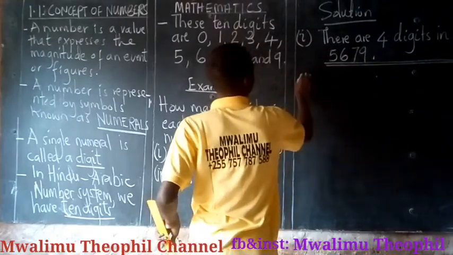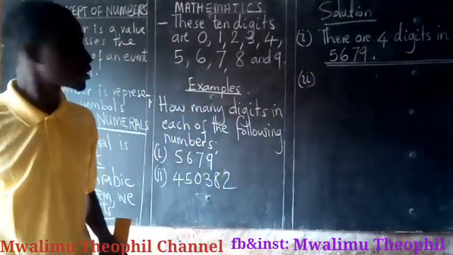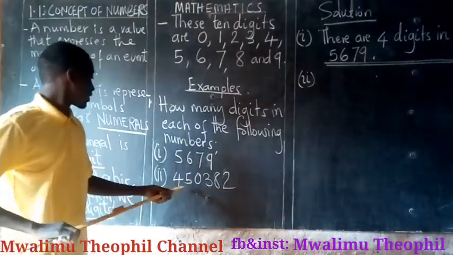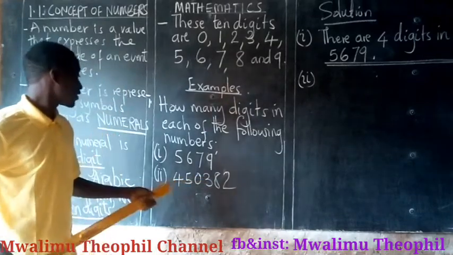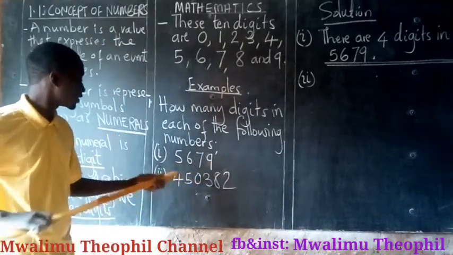The solution for the second part: you can count the number of digits in this number, 450,382.